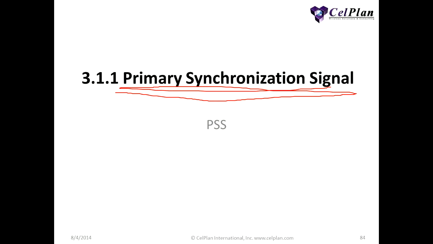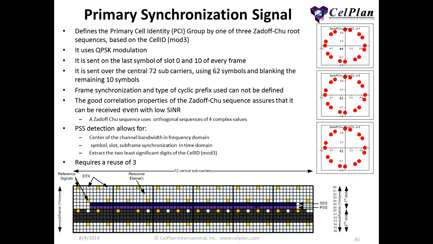Well, let's go to the primary synchronization signal. Let's understand a little bit about it. I will not go in great depth here, just a small recapitulation about PSS. PSS uses a Zadoff-Chu root sequence based on, this is wrong, not based on cell ID, but based on PCI mod 3.